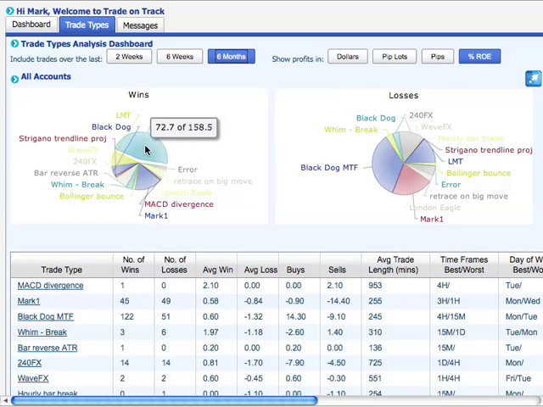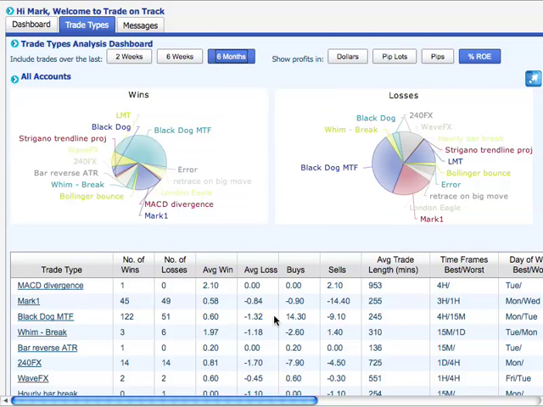You can scroll around and see what percentage of your total each slice makes up. So at a glance you can see which strategies are making you the most money, and over here which strategies are losing you the most money.